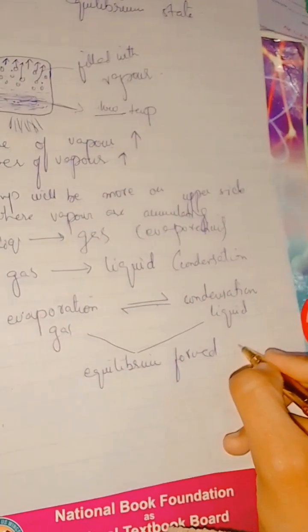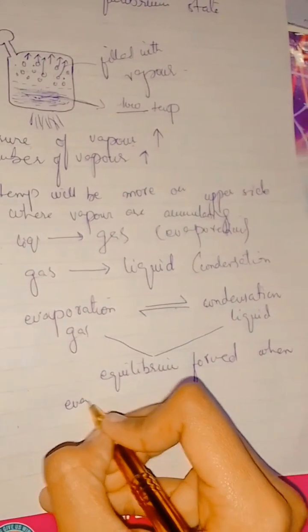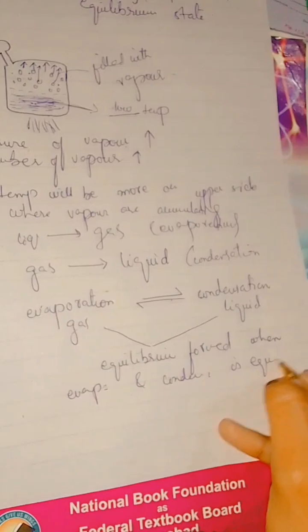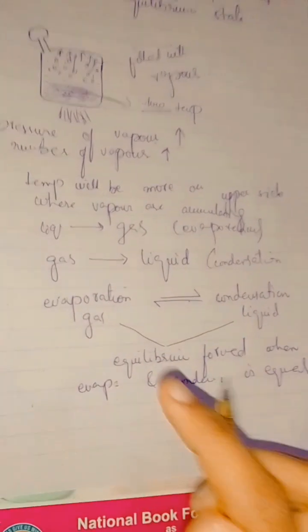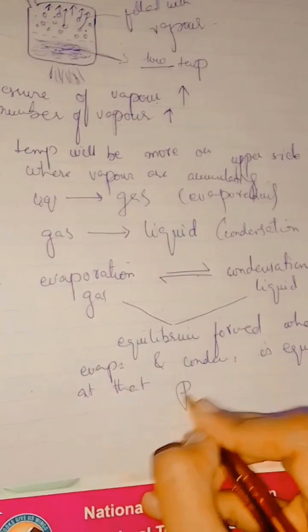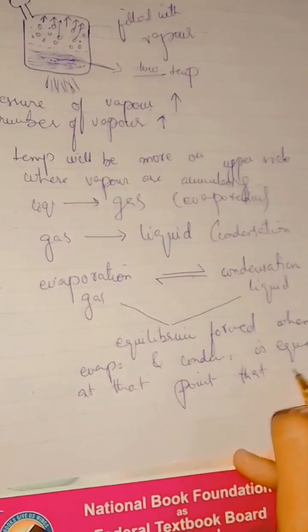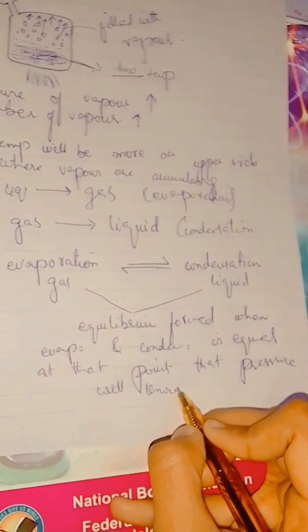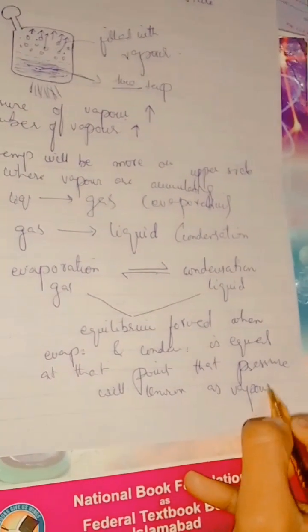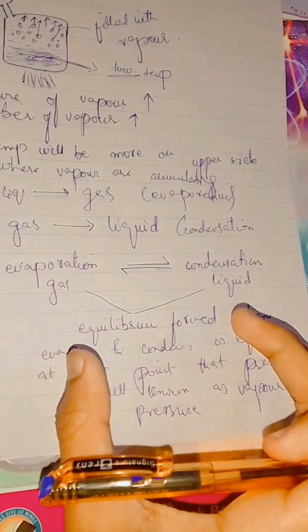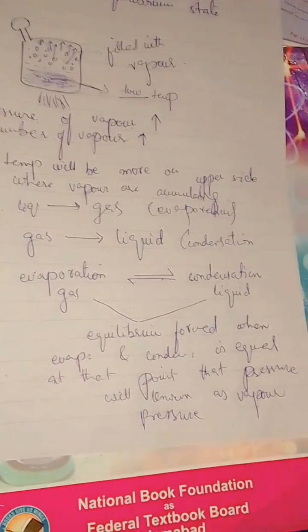At that point, that pressure will be known as vapor pressure. It is known as vapor pressure when an equilibrium is formed between the evaporation and condensation, when both are equal.